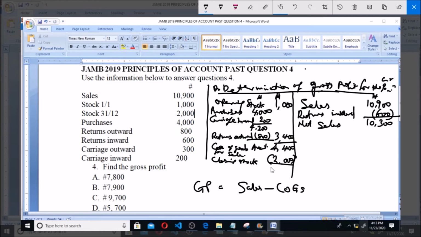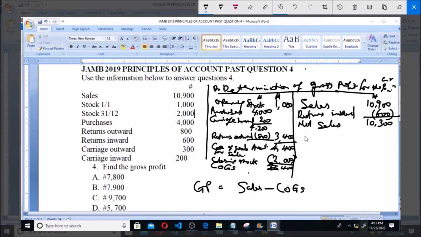By the time we less this 2,000 from this, we're going to have 2,400. This 2,400 is called cost of goods sold or cost of sales.